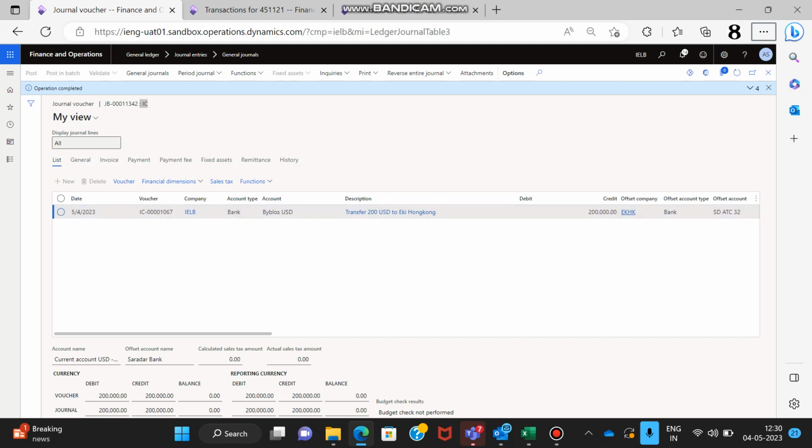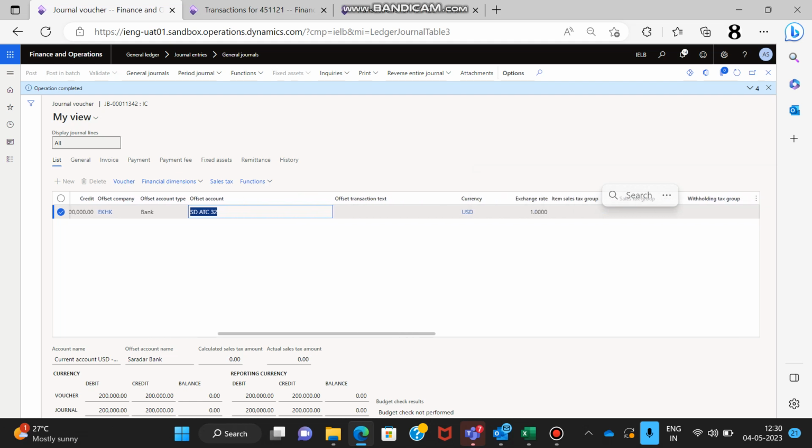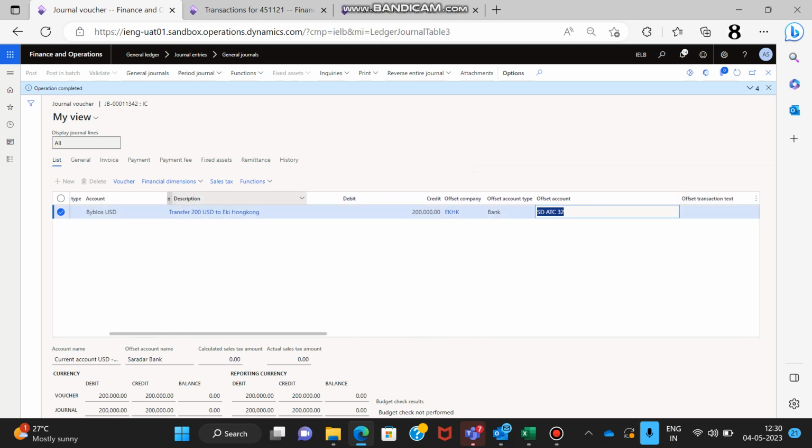Here in the offset company I will select Ekistruck Hong Kong because I'm transferring the funds to that company, and I'll select the bank type and the bank account to which the funds have been transferred. This bank account is for Ekistruck Hong Kong, and I select the currency in which the transaction is actually being done. This is how the intercompany transaction would be done.